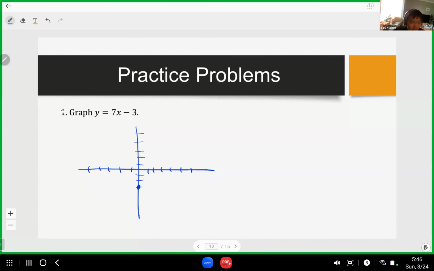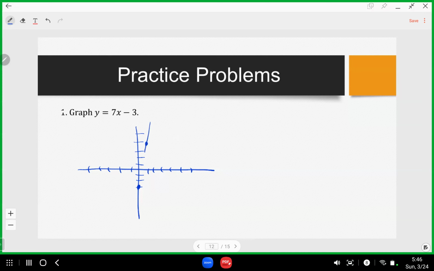So the slope is 7. So for every increase by 1 in the x value, the y value increases by 7. So your next point should be at 1, 4. That's very good. So we can go up here by 7. We get -2, -1, 0, 1, 2, 3, 4. You have 1 here. Okay.